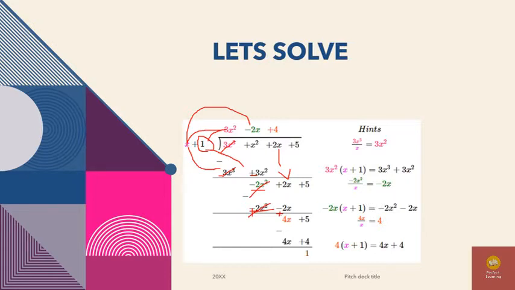Plus 2x and plus 2x become 4x, and this 5 comes down.